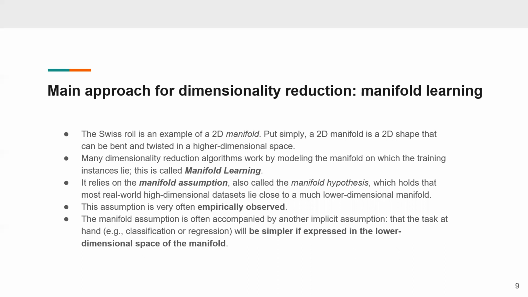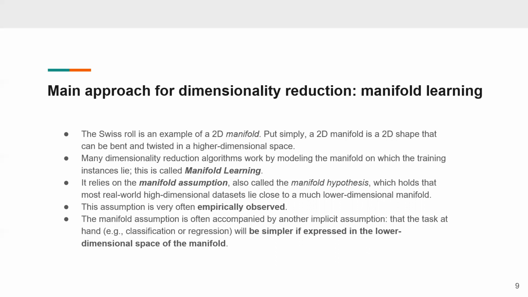Manifold learning relies on the manifold assumption, which holds that most real-world higher dimensional datasets lie close to a much lower dimensional manifold. So in a 2D space, in this lower dimensional manifold, you are able to see the relationships more clearly, and the points lie close to each other.